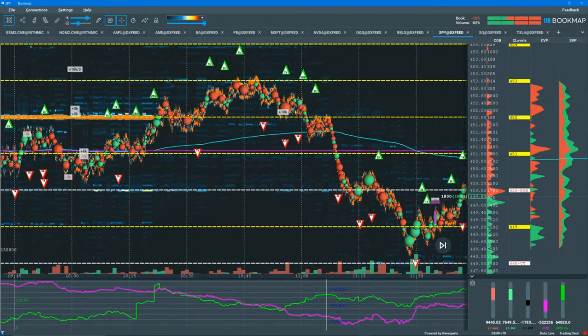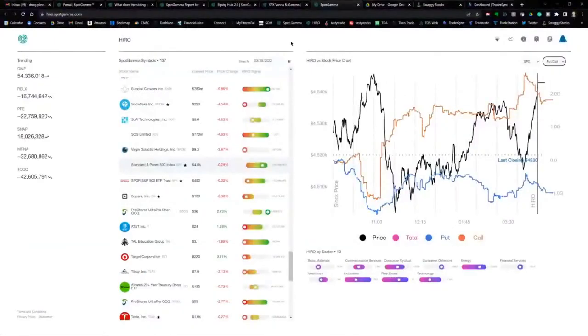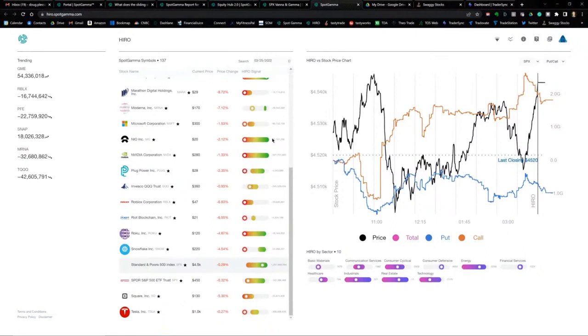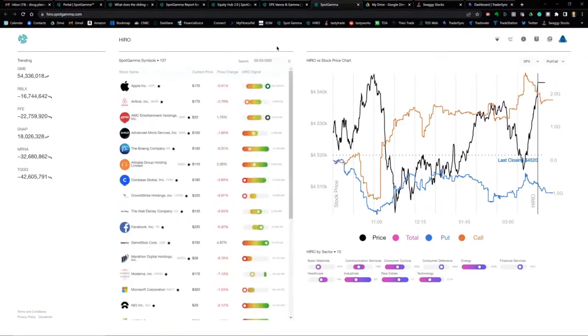Let me go back to SpotGamma Hero and change this over to my watch list. I look at this during the first 30 minutes, just kind of scan through this as well as Bookmap.